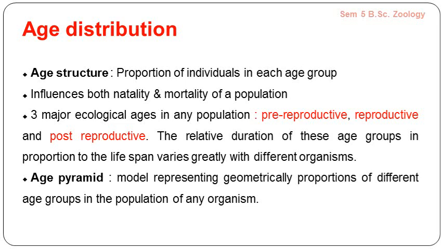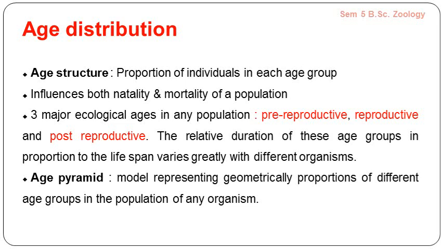It was Bodenheimer in 1938 who divided the population into three ecological ages based upon the reproductive status, the reproductive capacity of the members of the population. So he identified the pre-reproductive stage, then reproductive age, and post-reproductive age.